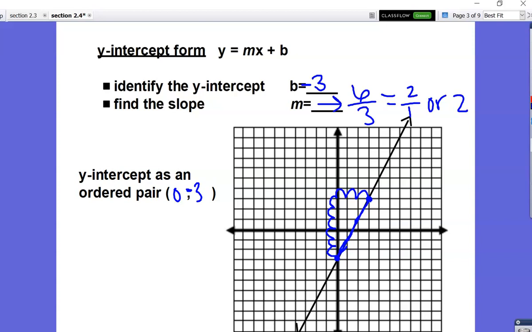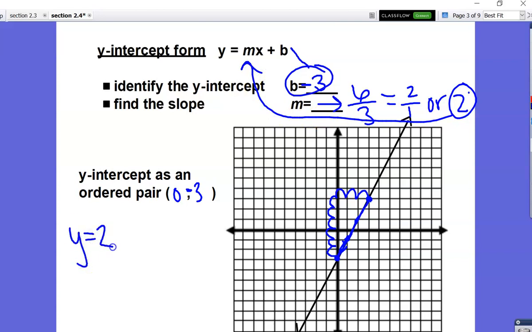So I could have chosen any nice point that falls on the line. It doesn't matter as long as it reduces to the correct slope. So our next step, we're going to take the values for m and for b and then substitute them in. Write the equation y equals 2x minus 3.